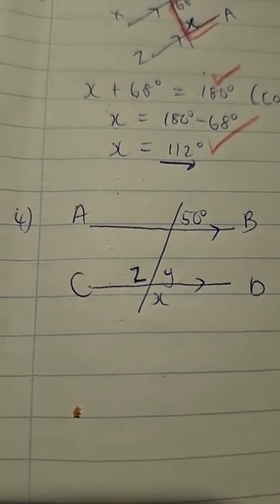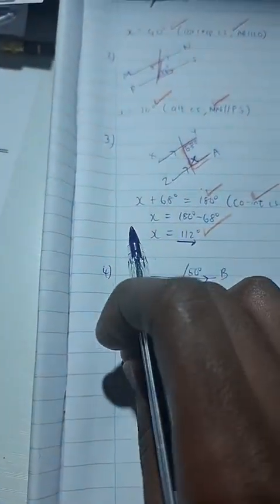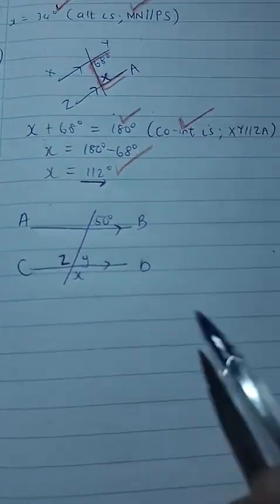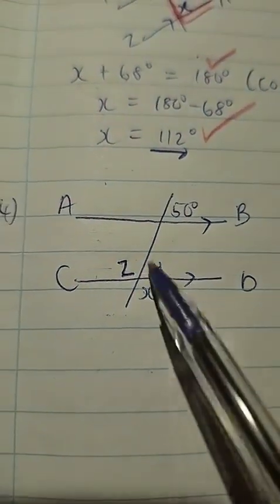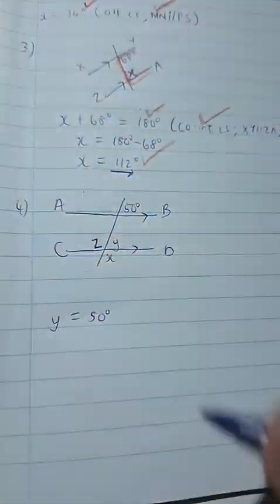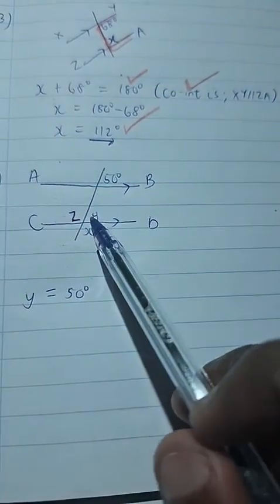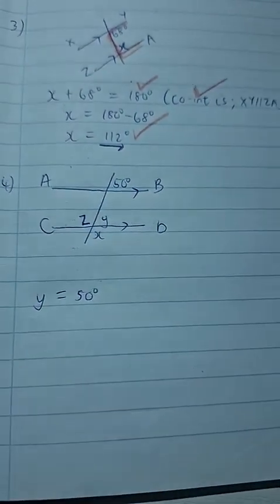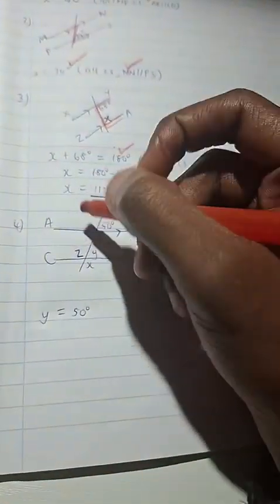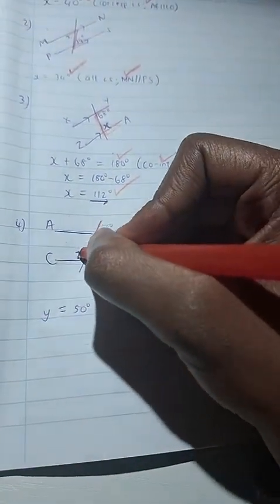Okay. All right. I see you guys are timid. All right. Okay. So y, as you guys have said, indeed, y is equal to 50 degrees. Why is y equal to 50 degrees? Because you can see that this one forms the F shape.